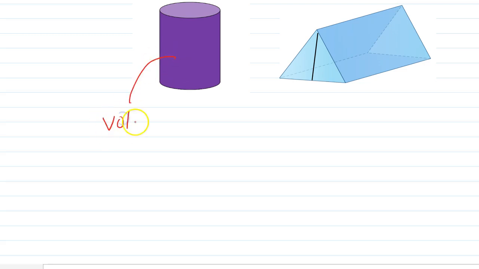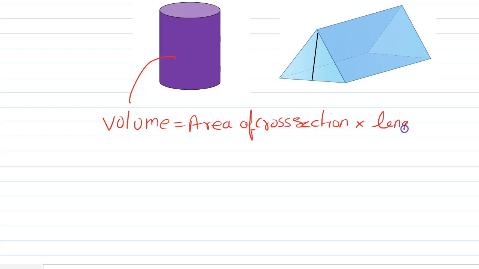So here, same, volume is area of cross section times length. So area of cross section, if you see here, this is a circle. For example, if you see a Diet Coke can, so this is a circle.